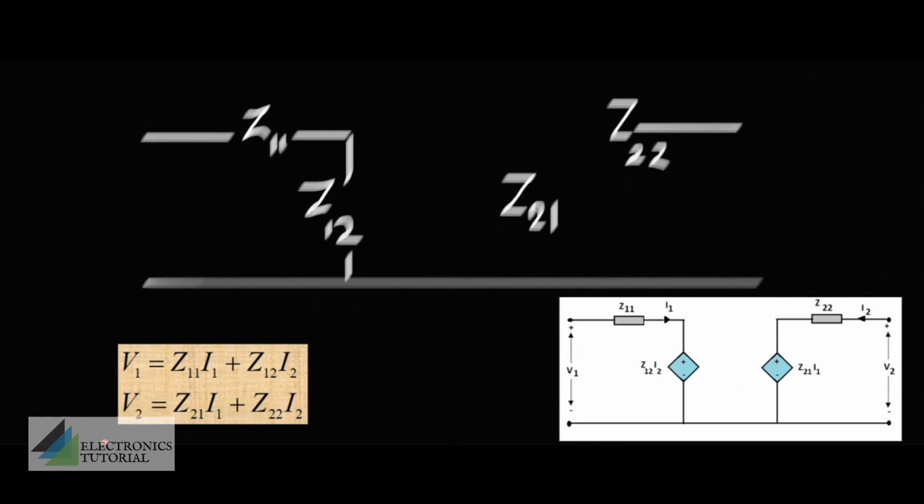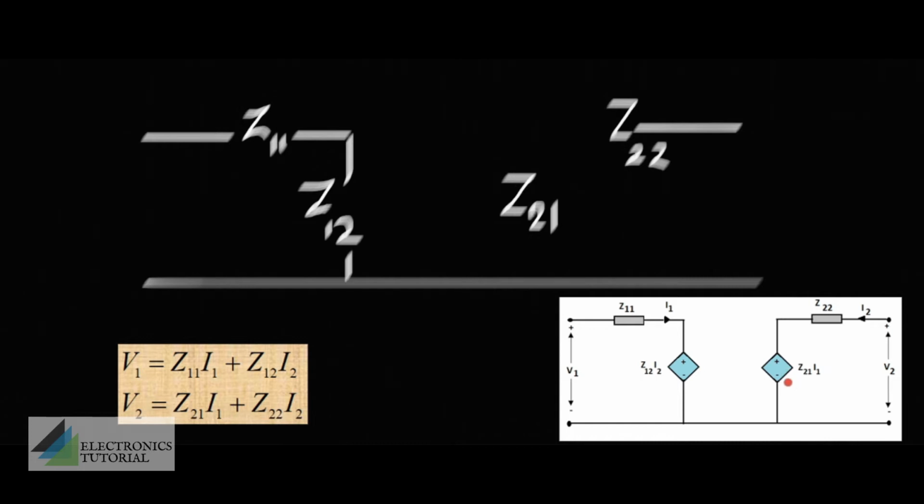And now we'll consider the second expression. V2 is equal to Z21 into I1 plus Z22 into I2. V2 is equal to Z22 into I2 plus Z21 into I1. Z into I is a voltage term.